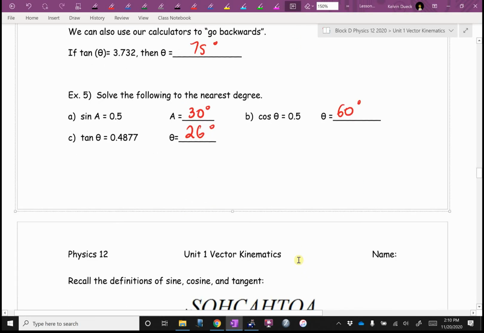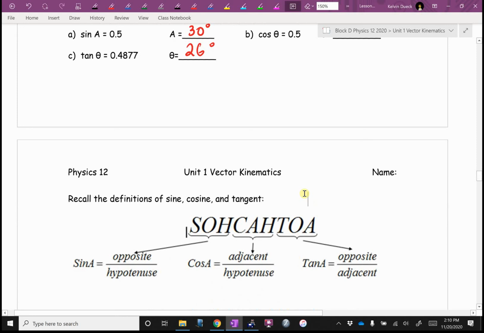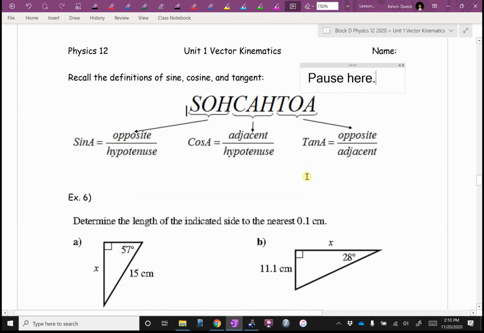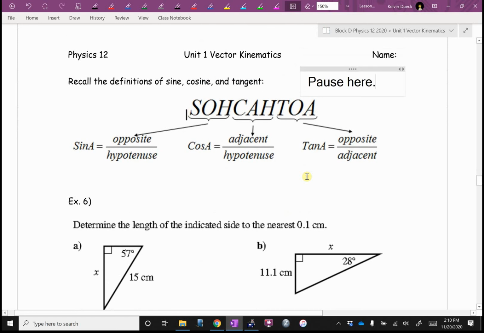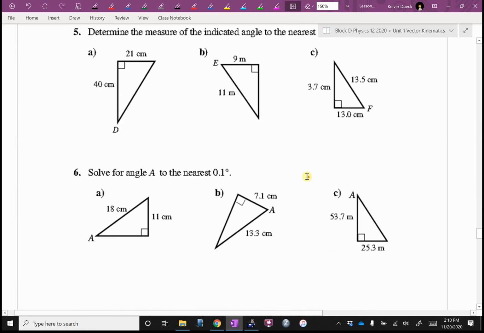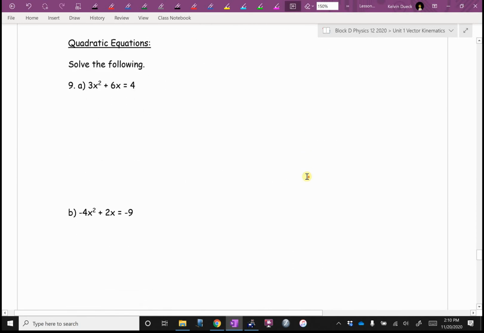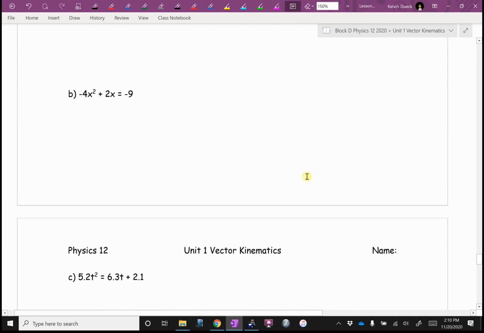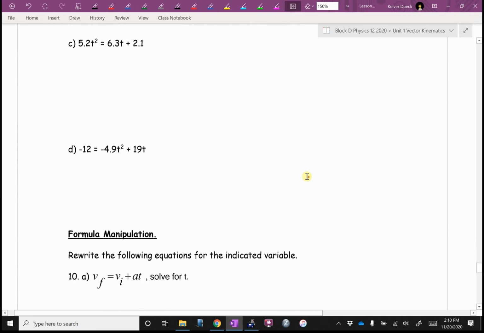Okay. I am going to pause here, sort of, because I'm not going to get through the rest of the trig review, and I've been talking at you, and it's a Friday. But we have reviewed how to solve a quadratic and some formula manipulation. If you want to get a head start on the homework, the first bunch of questions are all trig, but then number 9, A, B, C, and D are quadratic equations that you can try solving.